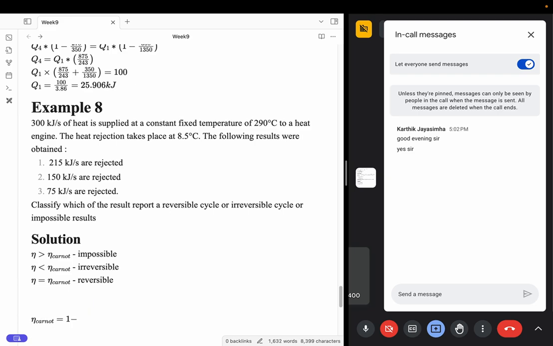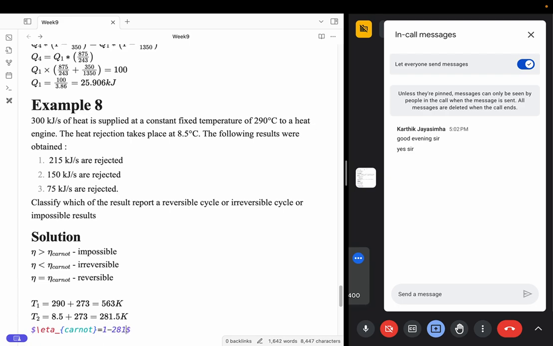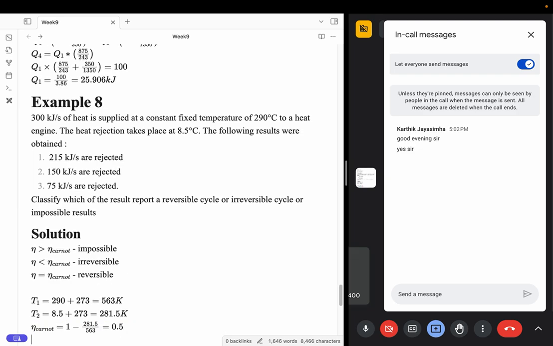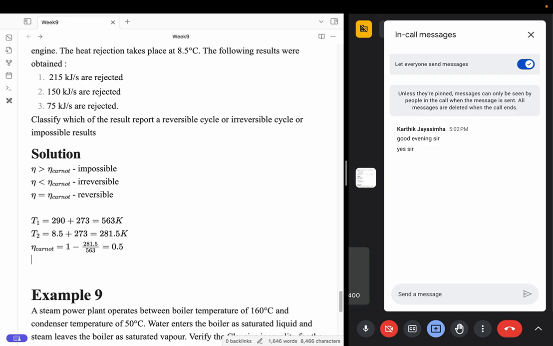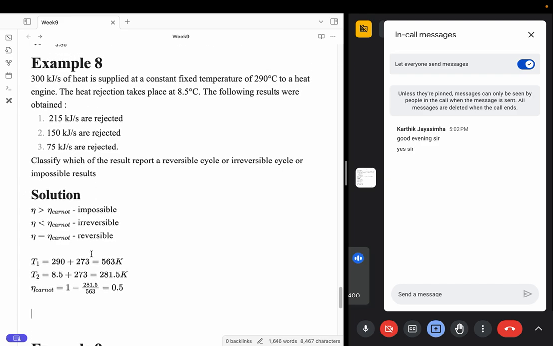So maybe first I'll convert the temperatures. 563, and then the efficiency is... and here we have the heat which is supplied, which is Q1, is 300.